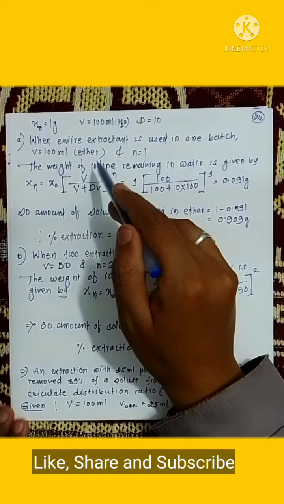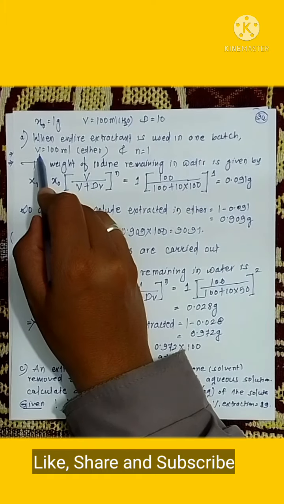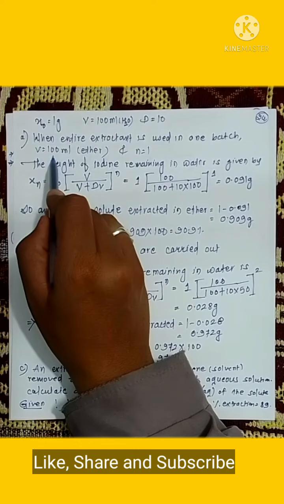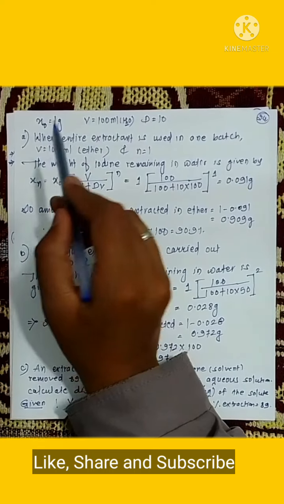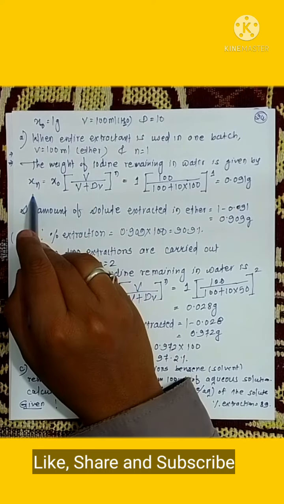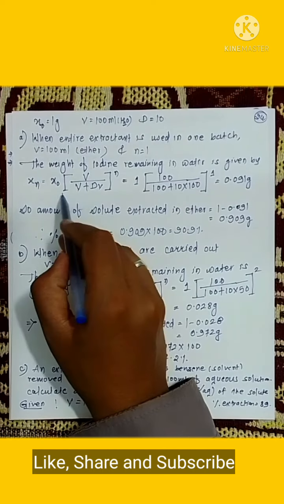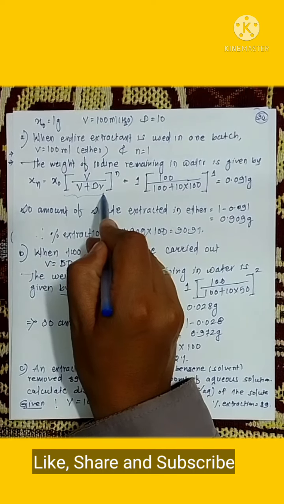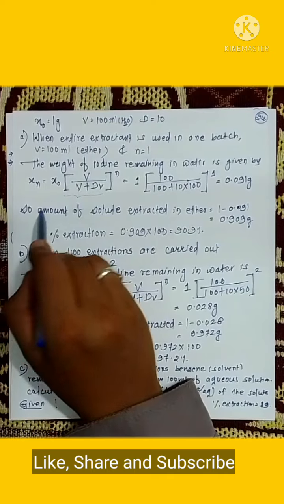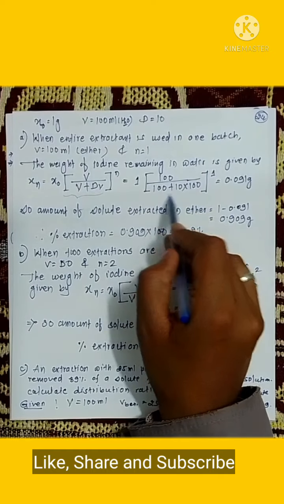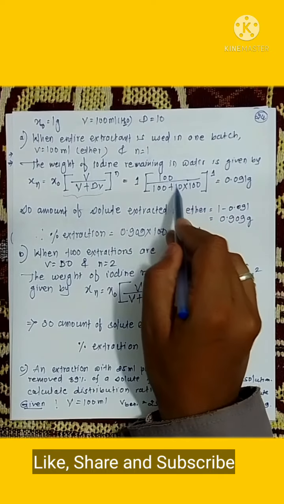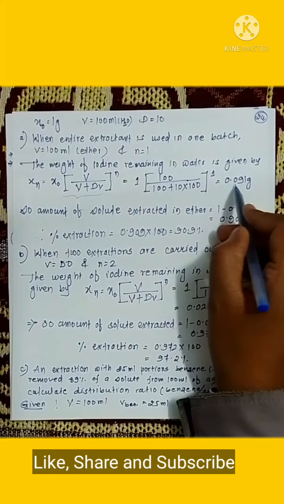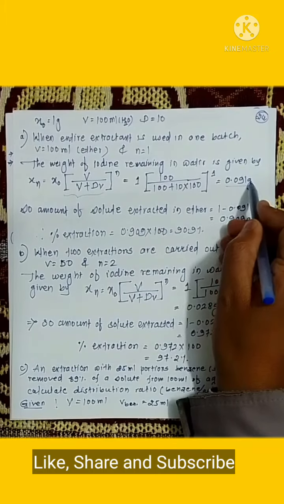For the first case, the small v value is 100 ml. It is also given. So we put these values in our formula. When we put all the given values in the formula, we get Xn equal to 0.091 gram.